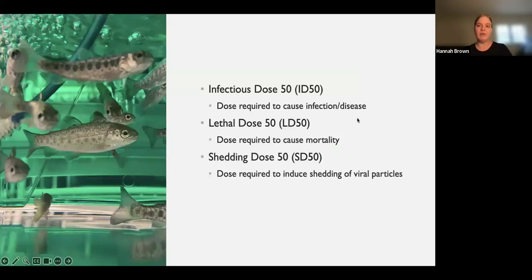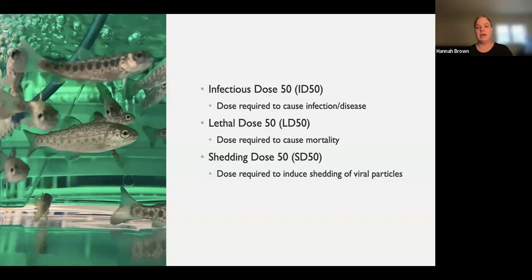If we relate that back to some other dose responses that you may be more familiar with, one that's typically studied is an infectious dose 50, or the dose required to cause infection in 50% of the individuals. Another example would be a lethal dose 50, or the dose required to cause 50% mortality within the fish.